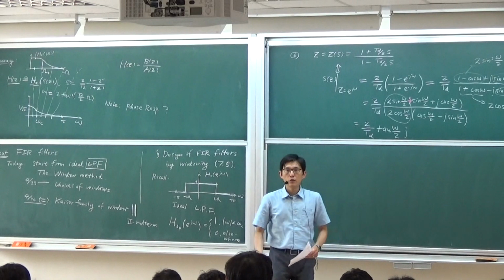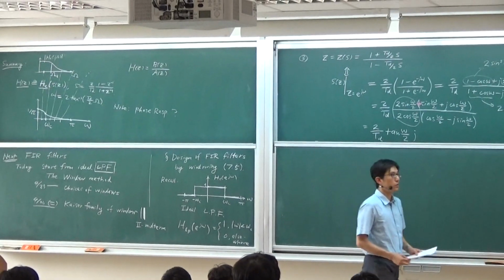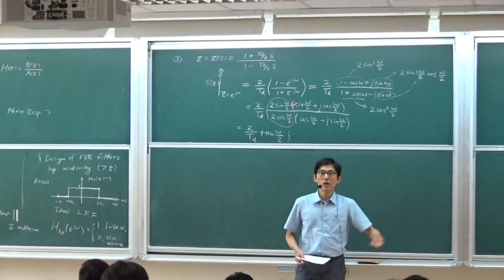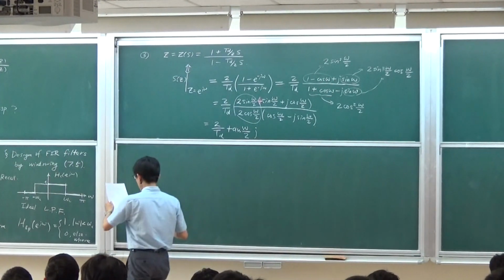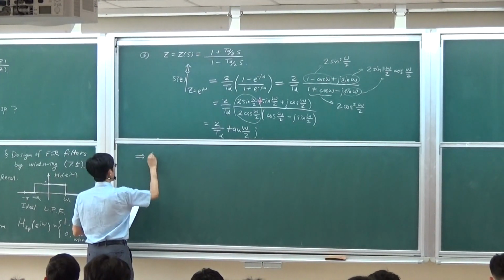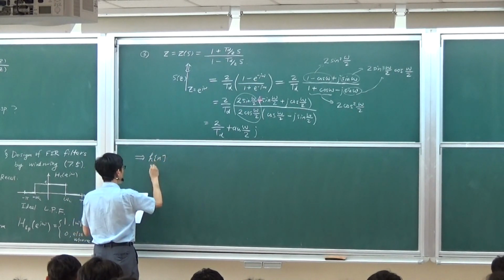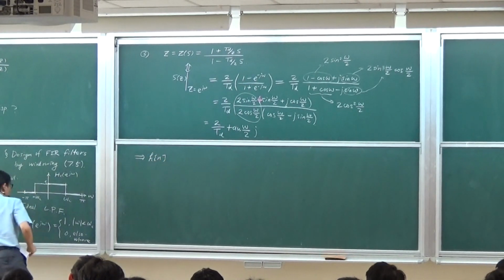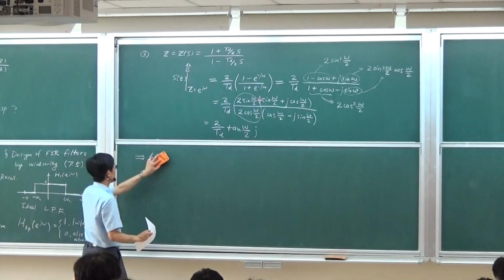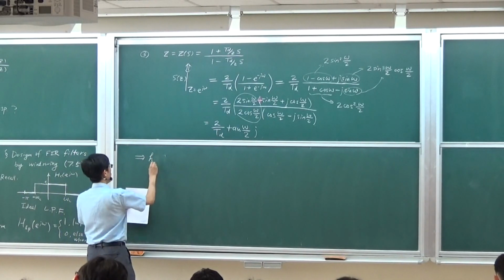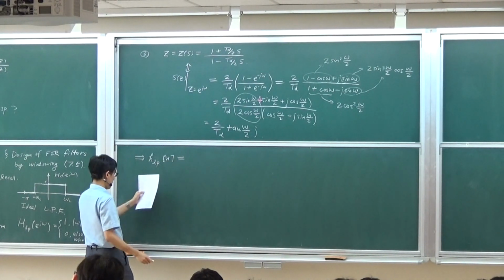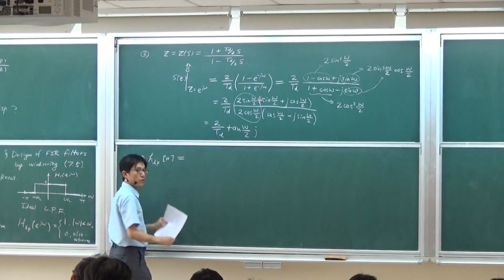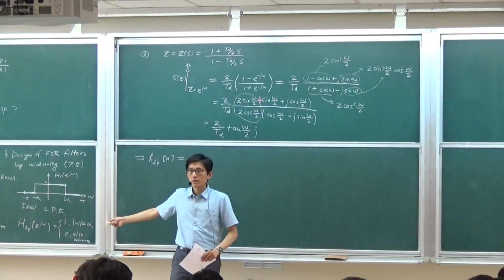For designing a filter, we talk about what happens in the time domain. We want to calculate the impulse response. The impulse response h_LP corresponding to the ideal low-pass response is the inverse DTFT of this function.